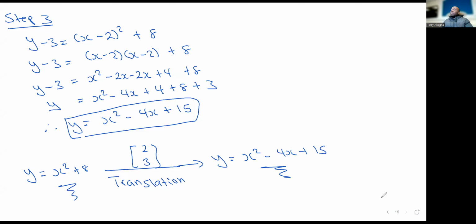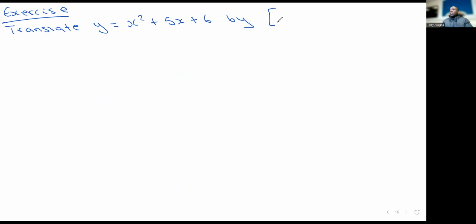So let's pick one more example. Let's see if we can pick one more and solve that. So let's say we have this exercise here. We're told to translate y is equal to x squared plus 5x plus 6 by -1 and 2, okay?